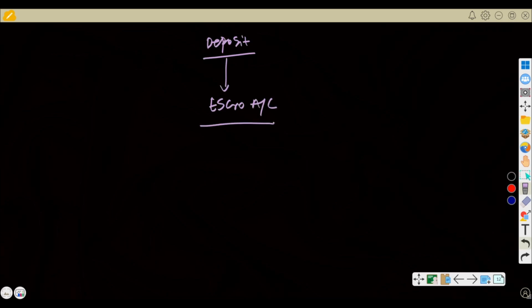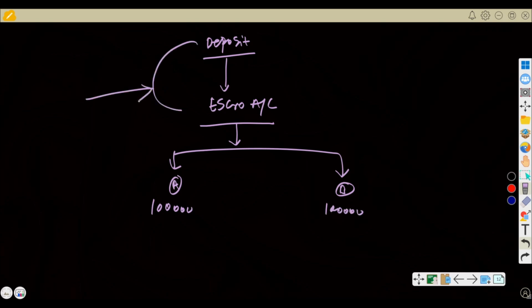Let's say A and B both. A deposited, let's say, 1 lakh. B deposited an initial 1 lakh. That will be in the escrow account, and that escrow account will be monitored by the broker, the prime broker.